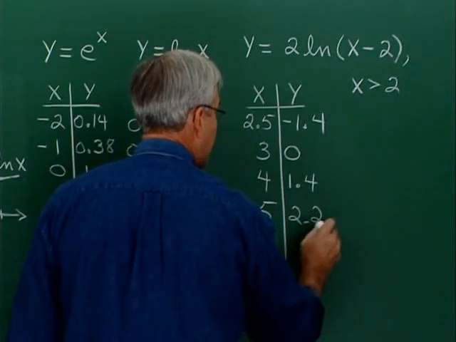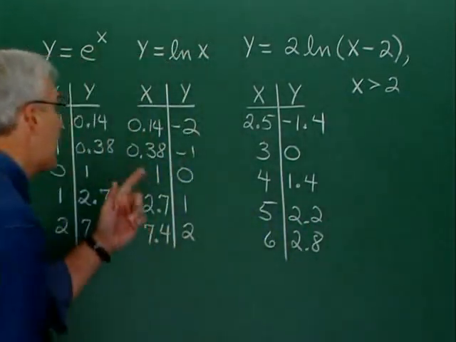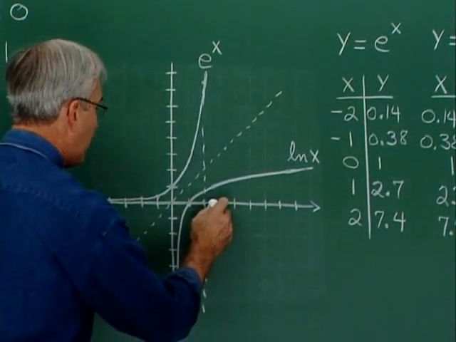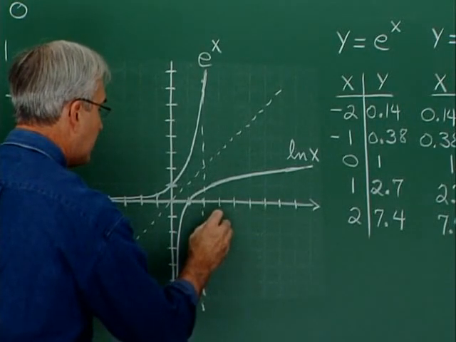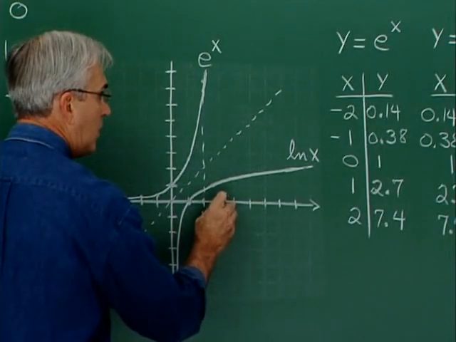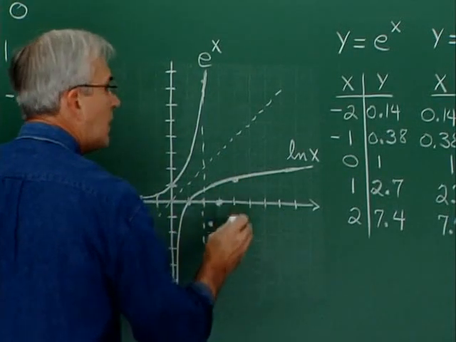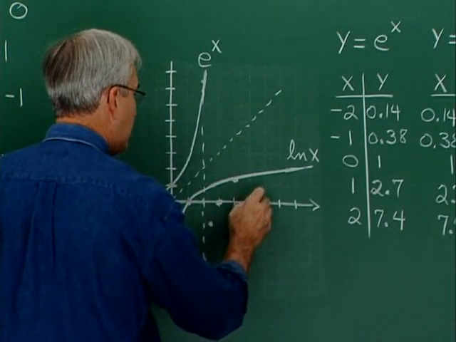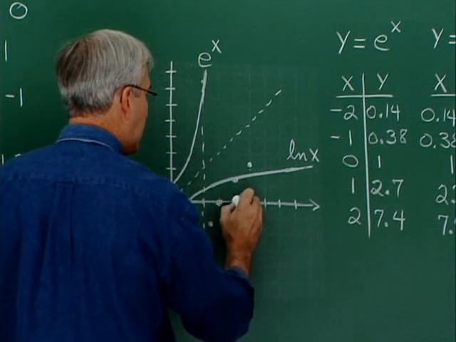I just want to jot a few of these down so that I can plot them, and let's come back and plot them. 2.5 goes to negative 1.4. That's roughly right here. That's kind of what we would expect. 3 goes to 0. 4 goes to 1.4, about right here. 5 goes to 2.2. 6 goes to 2.8.